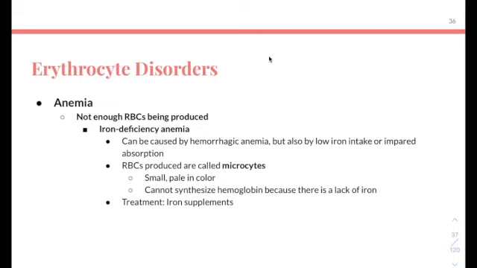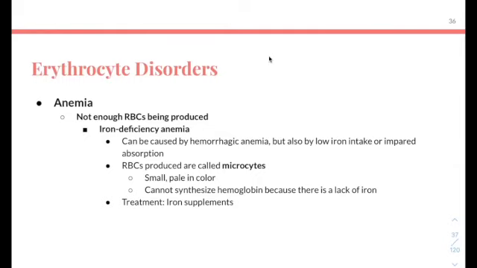Red blood cells in iron deficiency anemia are very small. They're called microcytes because they're smaller than normal size. They're pale, not that bright or deep red color. They can't make the hemoglobin.